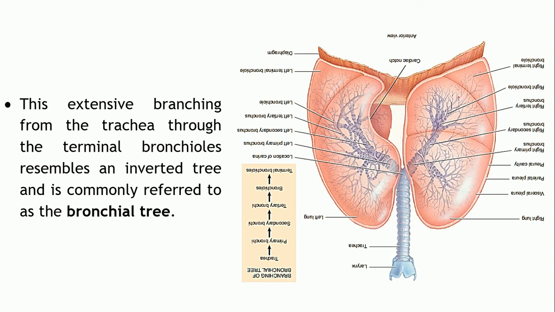Imagine a tree without the leaves; it will look something like this. This is the reason why this structural arrangement is called the bronchial tree. The composition and the diagram of the bronchial tree are very, very important.